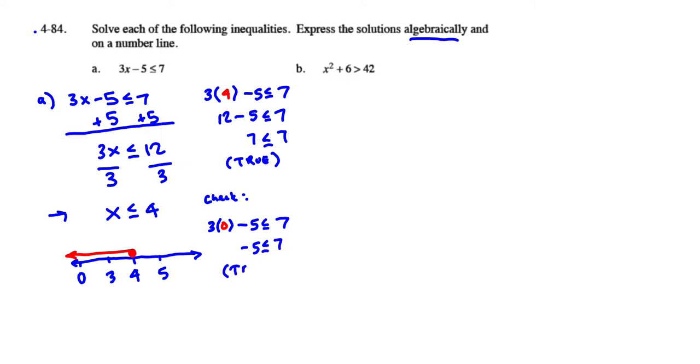That is true, so we know that that is the correct answer. So this is our algebraic representation, and this is our representation on a number line. There's our answer for letter A. Actually, let's box these in there so that you can see. This is the algebraic answer, and then this is our number line.